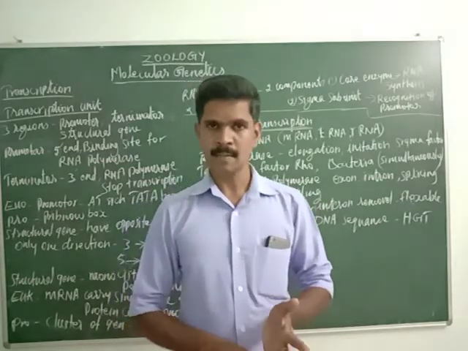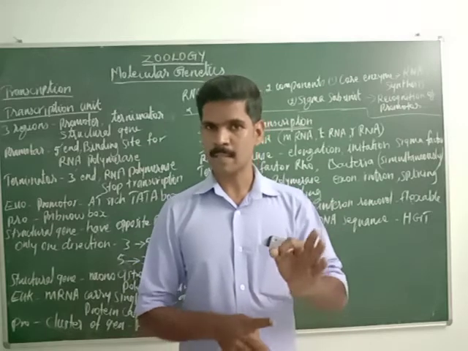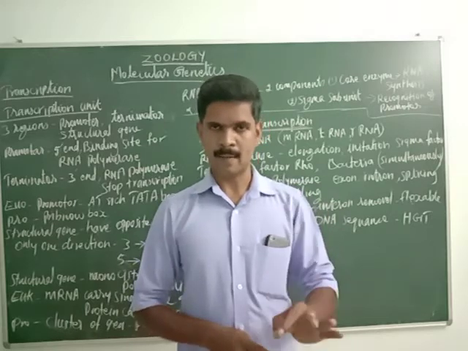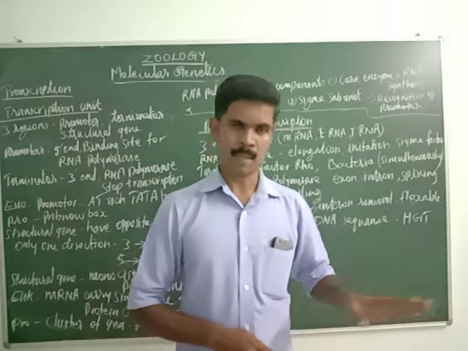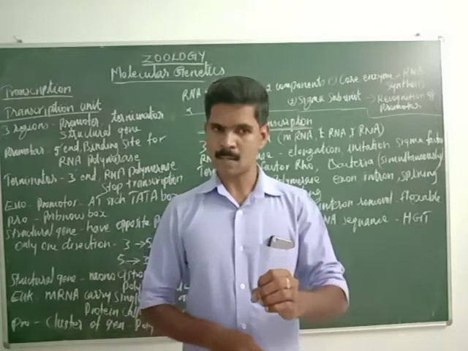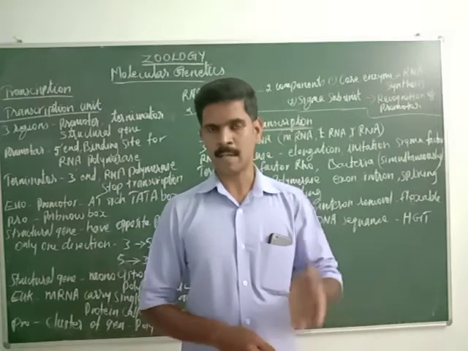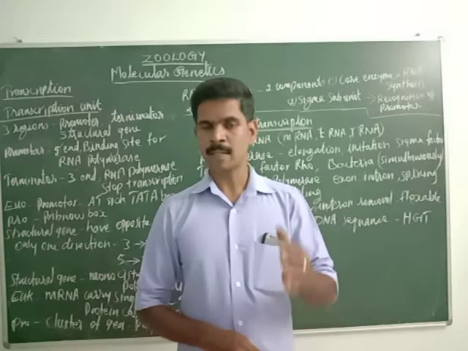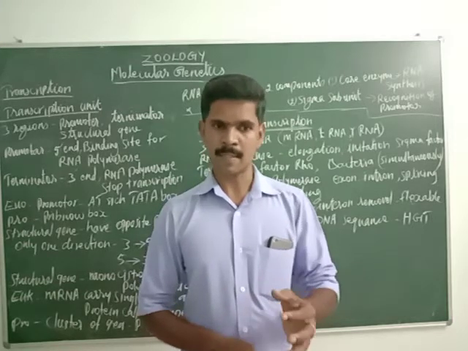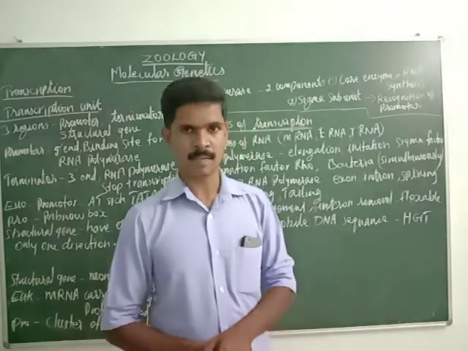So, initiation, elongation and termination are the three steps. The elongation process is controlled by the RNA polymerase enzyme, initiation by the sigma factor, and termination by the termination factor RHO. Understood?